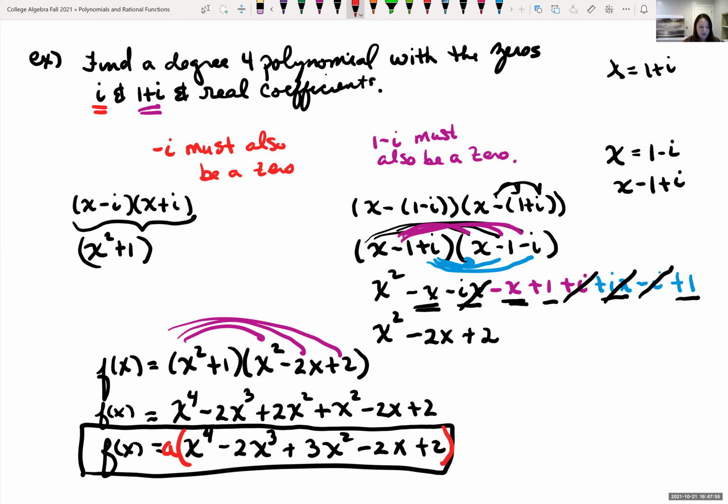So if you had some extra information, like find the degree 4 polynomial with these zeros and maybe giving you another point that's on the graph, we could figure out what that a value, that constant, is. Okay, so that is the last section, which is 5.7 in chapter 5.